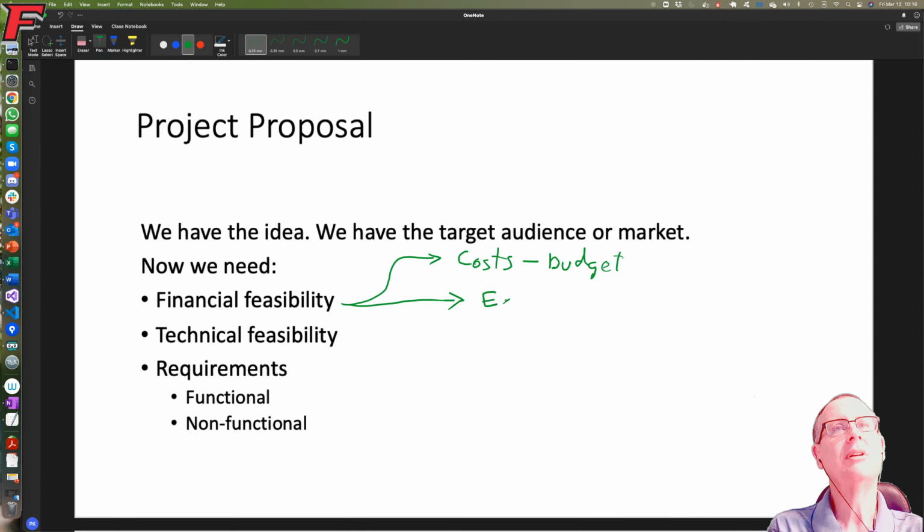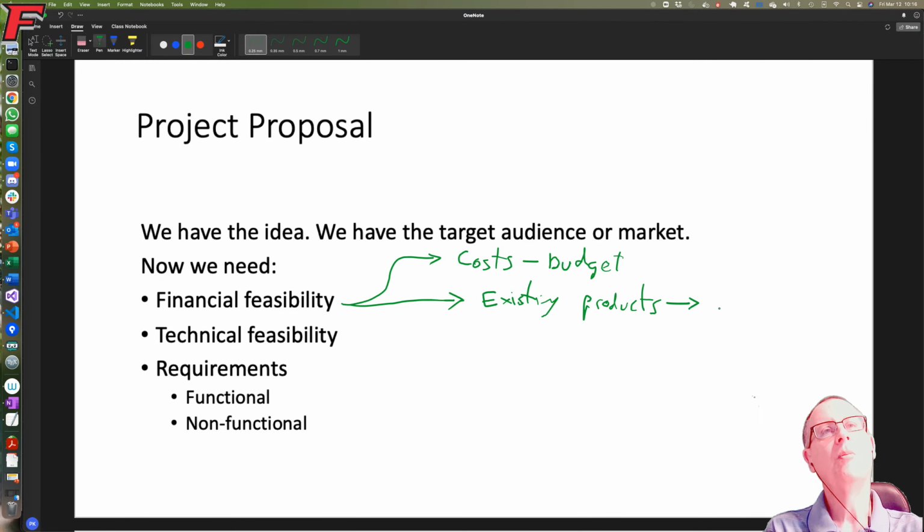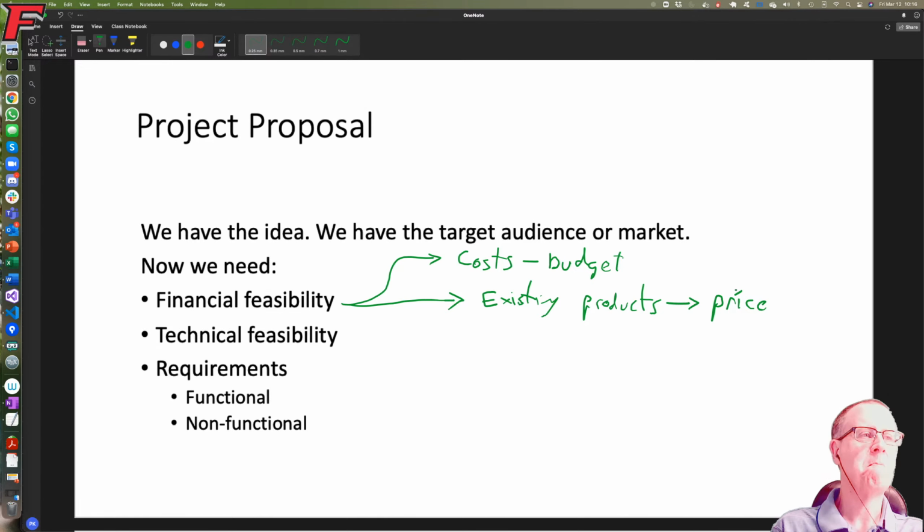Existing products, and that may tell you what they sell for. Okay, and then you can compare the cost that you estimate building your device is going to accrue, and then you can compare that with the price.